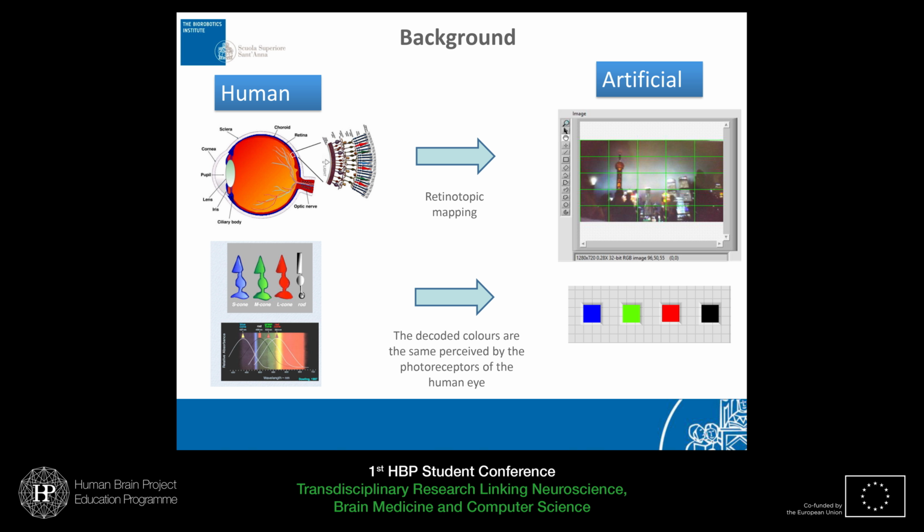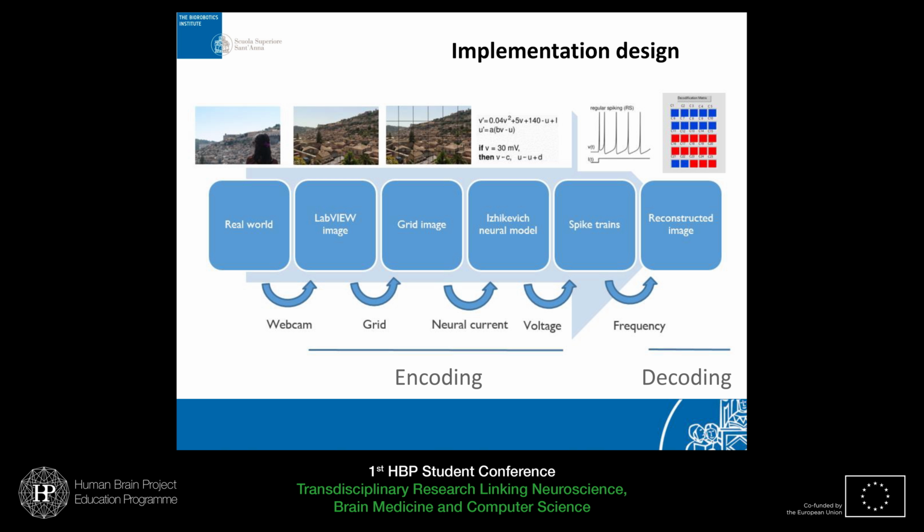This is shortly how our algorithm works. From the real world, we acquire the information from the camera, and in the Labview environment, we superimpose a grid of variable size on the picture. From each region of interest in the grid, the feature, which in our case is the main color of this region, is encoded in a firing rate, in a current.